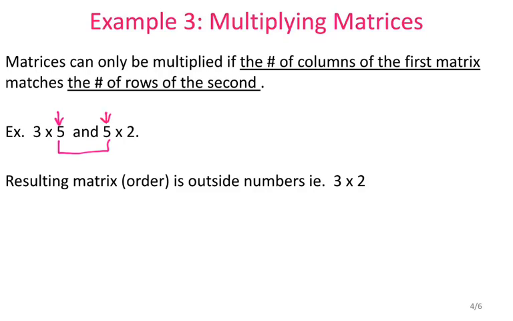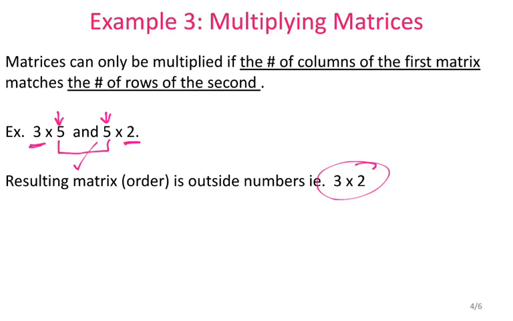This second 5 is the number of rows in the second matrix. And I want to see that those two numbers are the same, which they are, which means I can go ahead and multiply those two matrices together, and the result is going to be a 3 by 2 matrix. The size of your new matrix is going to be the outside numbers, so 3 by 2.